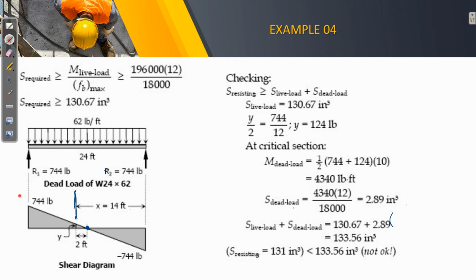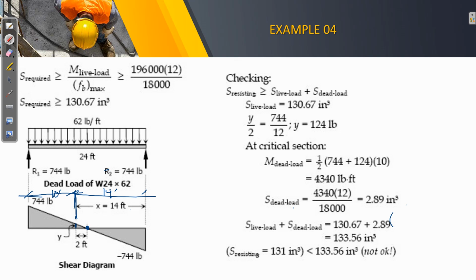So we will have this portion. And a while ago, I have marked this location as 10 feet, so the remaining here is 14 feet. So from that, we will be utilizing this area here, considering this height.